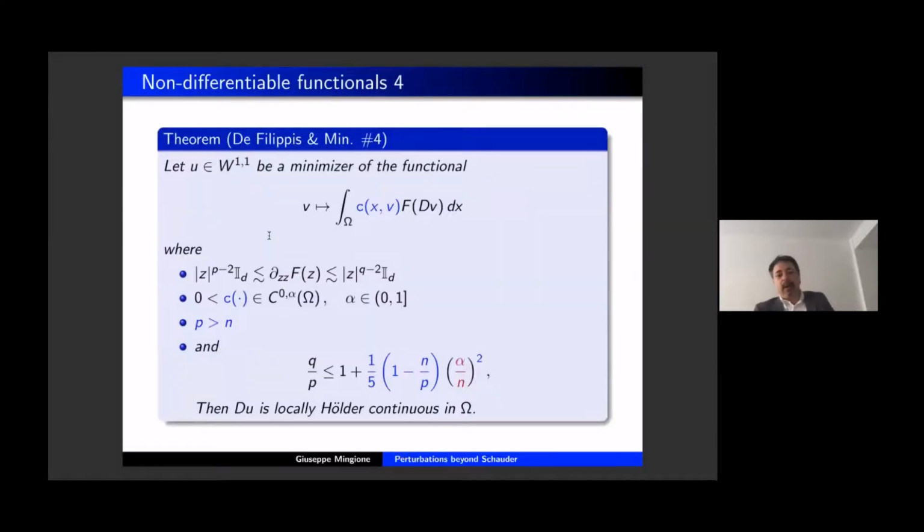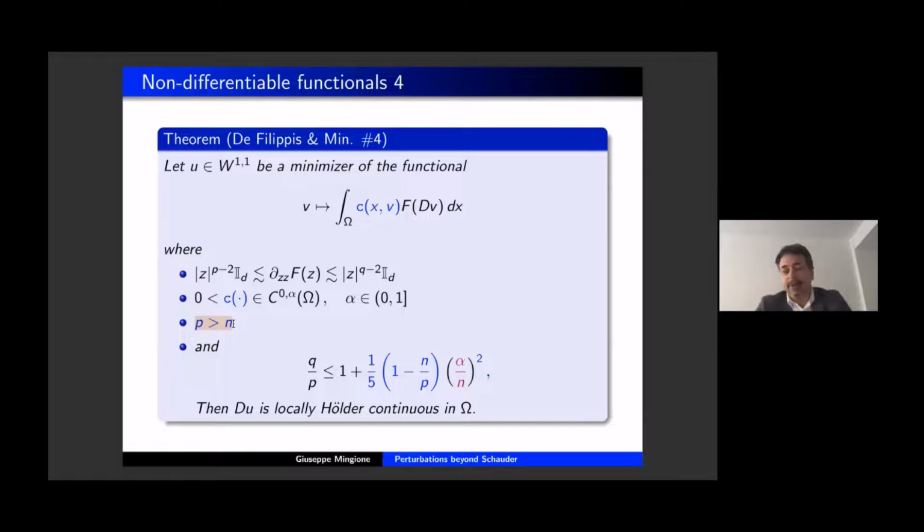Okay, and now we escape the realm of Schauder theory because we also insert the presence of B. And in this case, we have to assume that P is larger than N, an assumption that we believe to be necessary, because otherwise the coefficients can be measurable, and there's no De Giorgi theory by counterexamples allowing for proving that minimizers are Hölder continuous with some exponent.